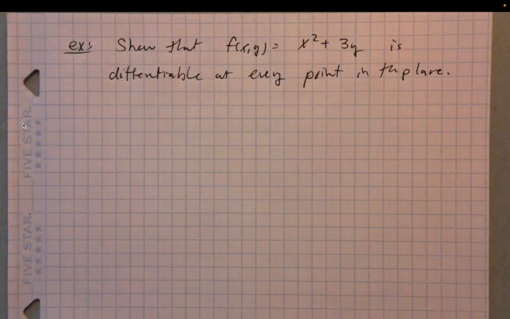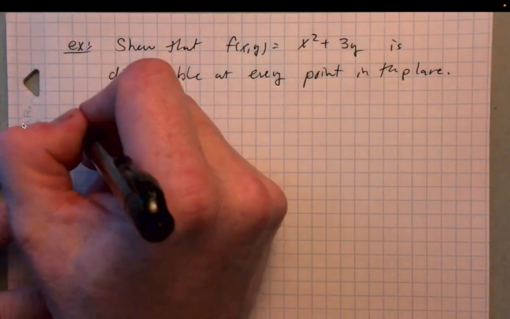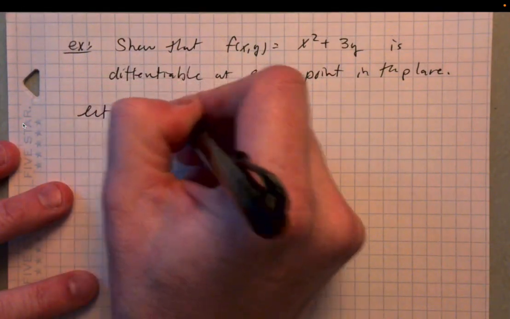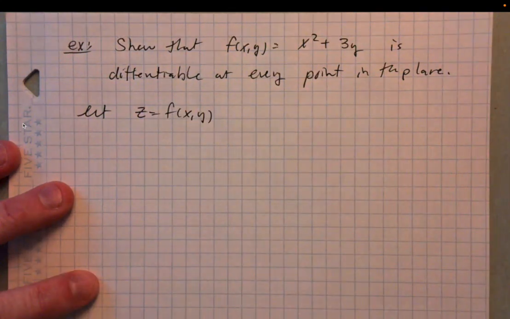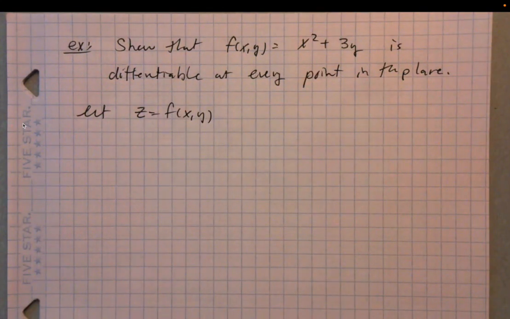So how would we go about showing that this is the case? Well, let z equal f of x, y.